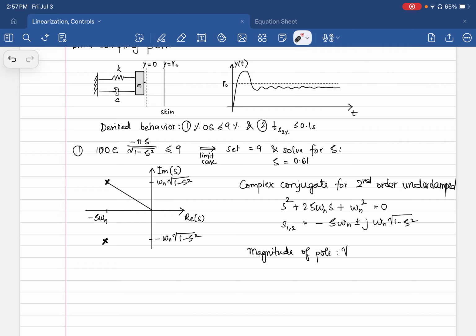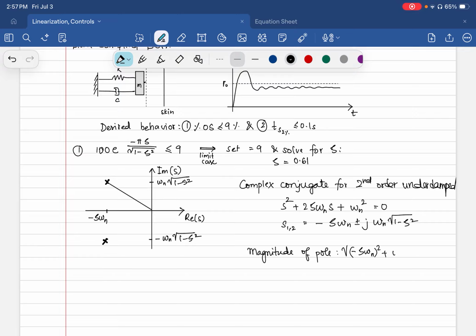You're essentially doing root over the square of this distance plus this distance squared. So it is minus zeta omega n squared plus omega n root over 1 minus zeta square whole square under root, which is basically equal to omega n, which means that this distance here is omega n.